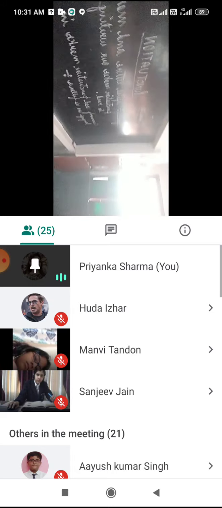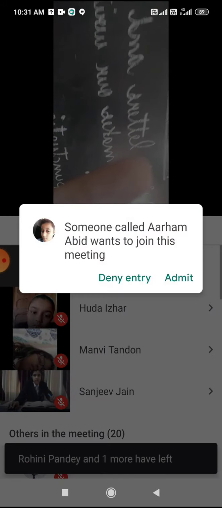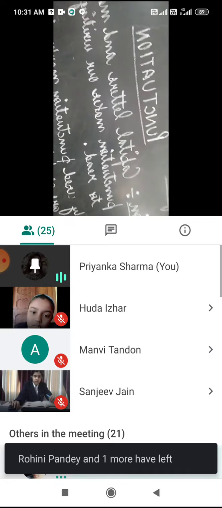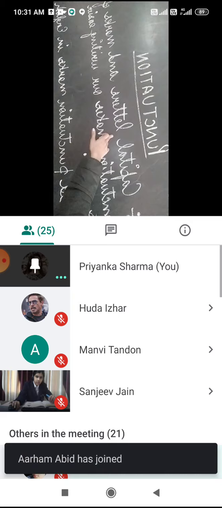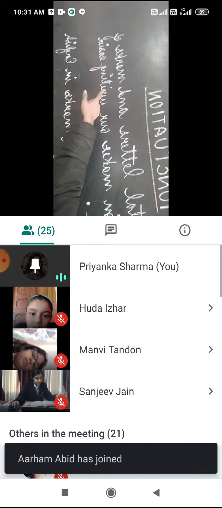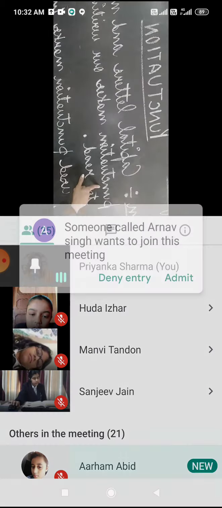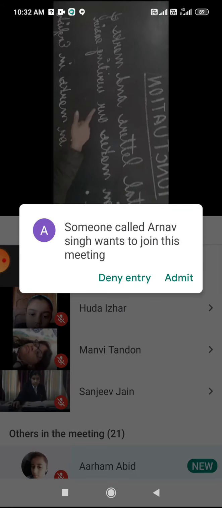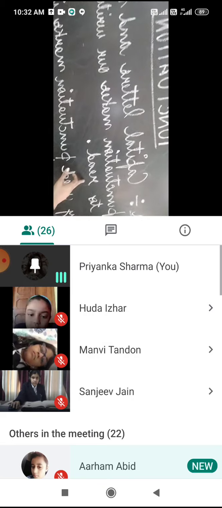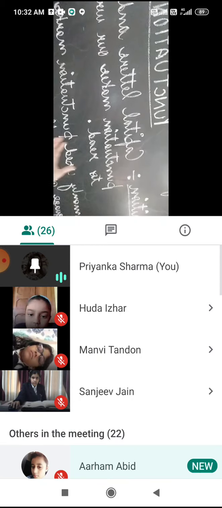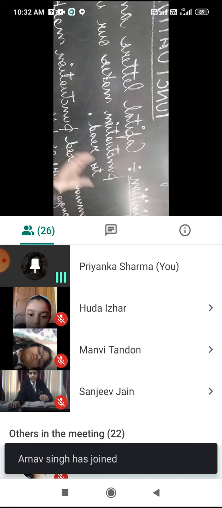It says punctuation, capital letters, and marks of punctuation make our writing easier to read. Yes, what is the work of punctuation and capital letter?